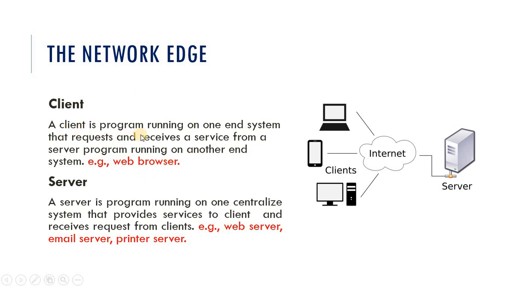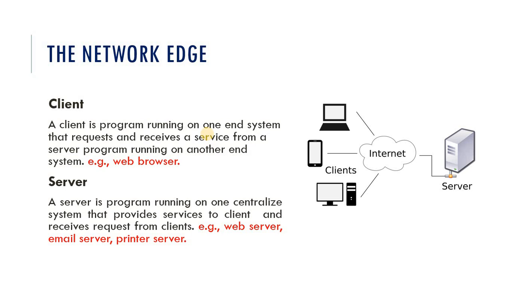A client is a program running on the end system. End system means the host. So a client is a program or software that runs on the end system that requests and receives a service from the server. Suppose I have a laptop, so it becomes the host or the end system. On my laptop, Google Chrome is installed. That is the software, and it is called the client. So Google Chrome is client software.